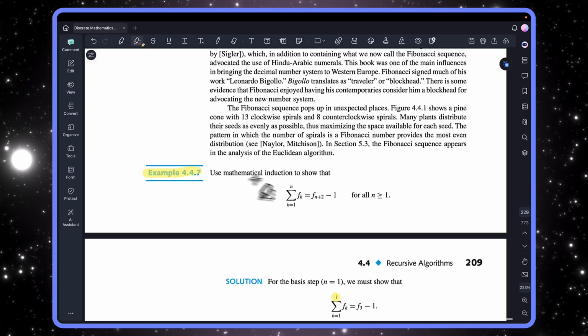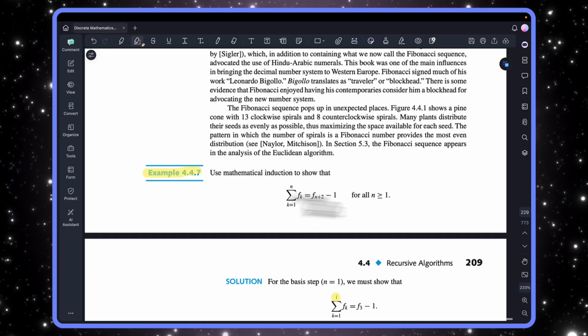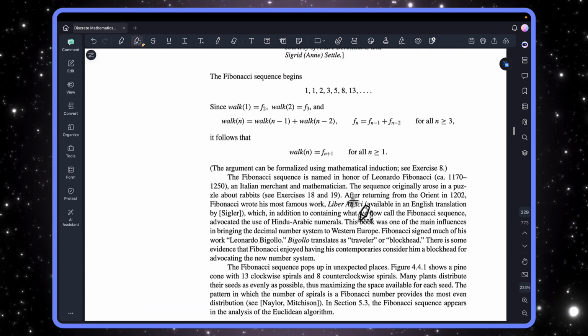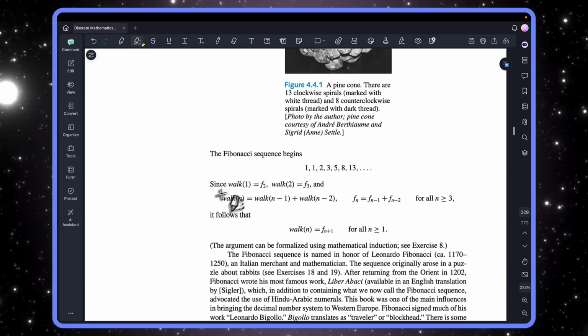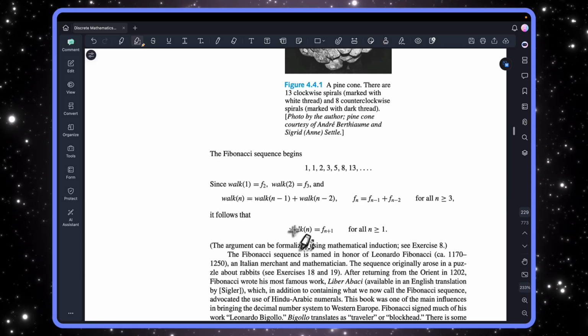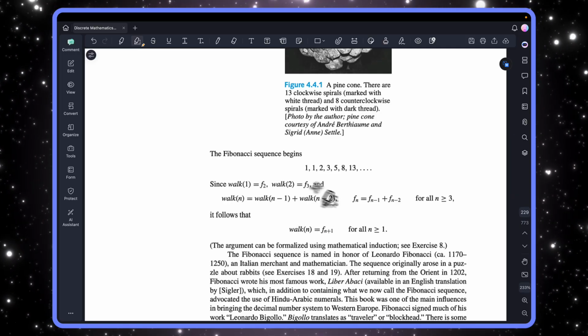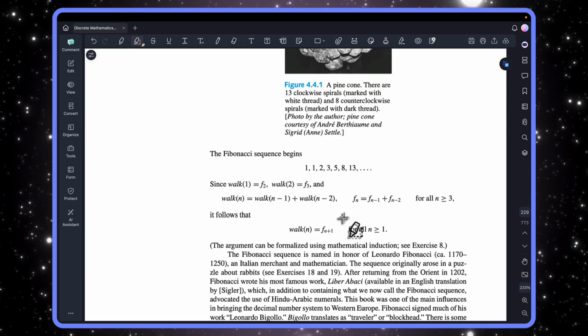Let's use mathematical induction to show that this formula is correct. It follows that walk(n) is f sub n+1, which is actually the nth term in the Fibonacci sequence. So let's prove that it works.